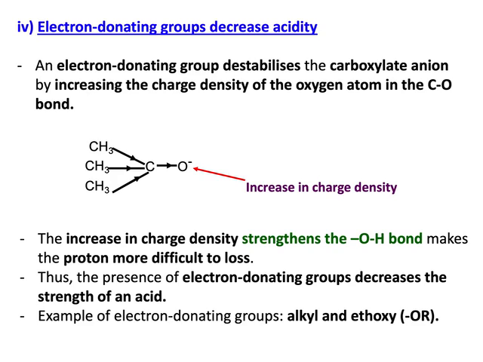Next is electron donating group. Okay, this one is an electron donating group. We can see here an increase in charge density, so the proton is more difficult to lose. So the presence of an electron donating group decreases the strength of the acid. Okay, it means that once the carboxylic acid is attached to an electron donating group, the acidity decreases.